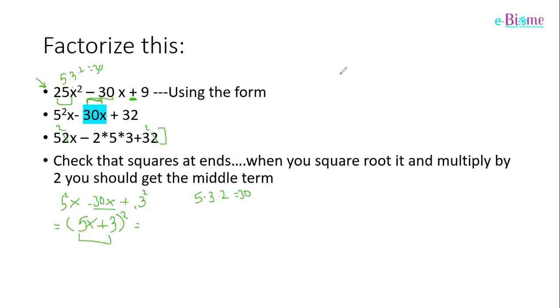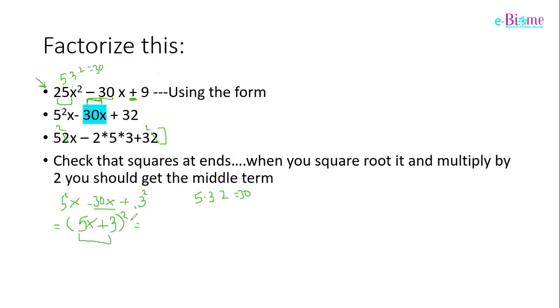And then to work it out now, guys, we say it's the square root of the first term, which is the entire 25x squared, plus or minus the square root of the constant, all squared.